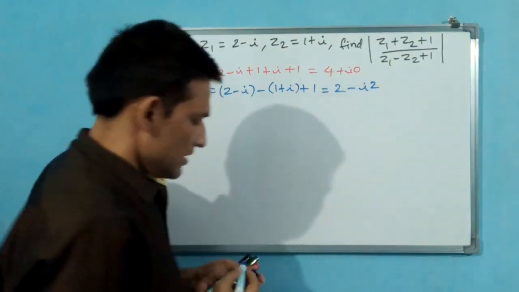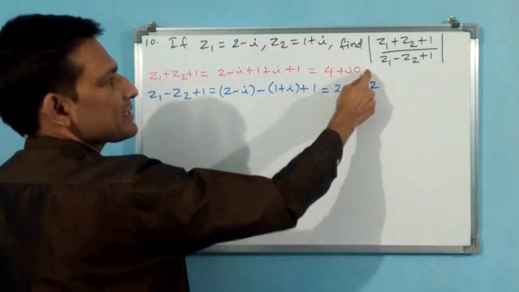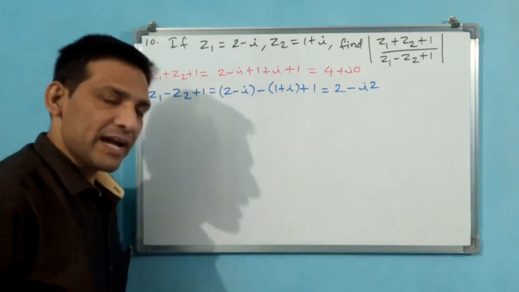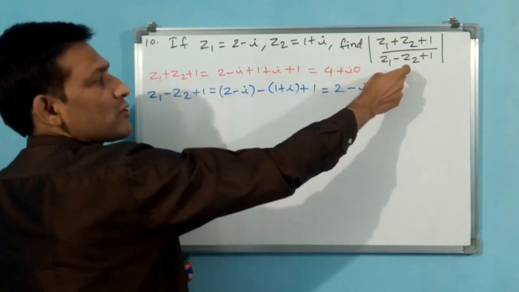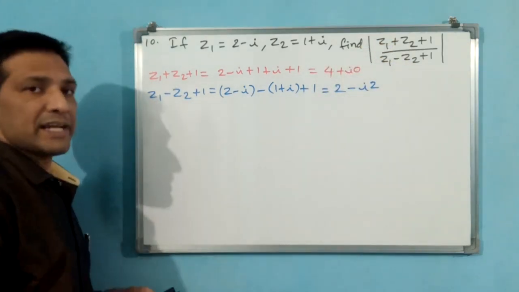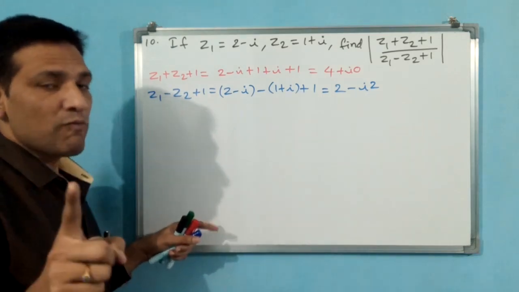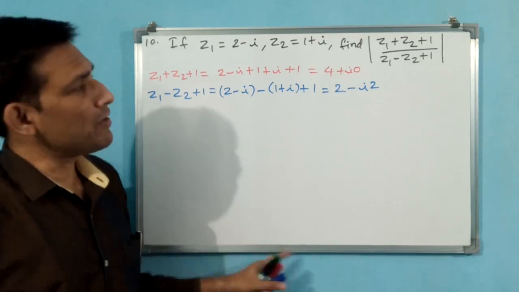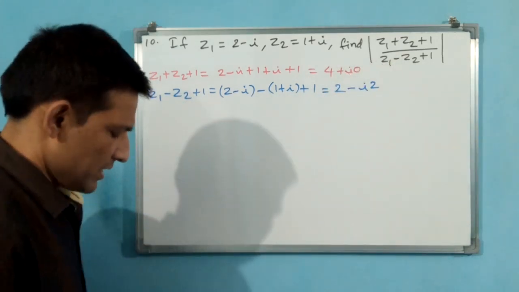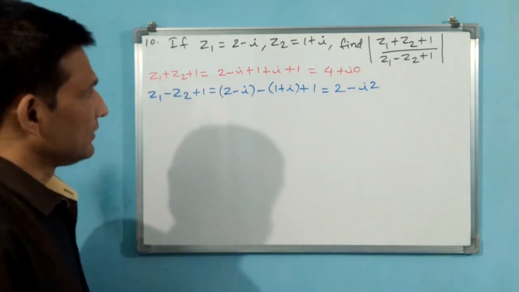Now you see the numerator is 4 plus I0, the denominator is 2 minus I2. Then put numerator by denominator and rationalize it. Division, rationalize. It has to come as one number. After finally coming as one number, then you take the modulus. Now I am writing.